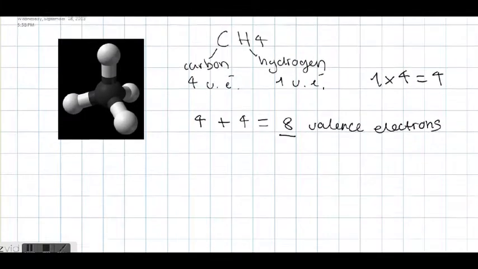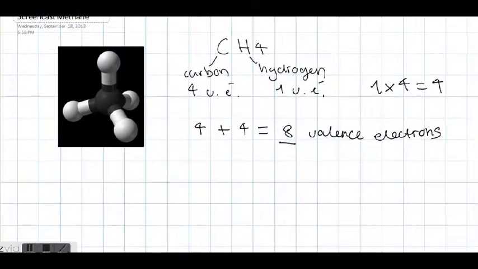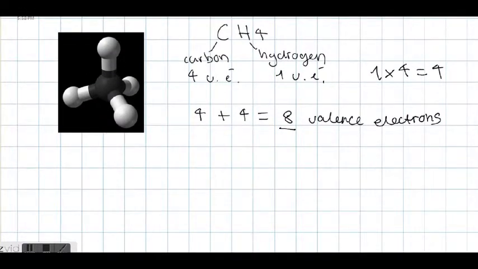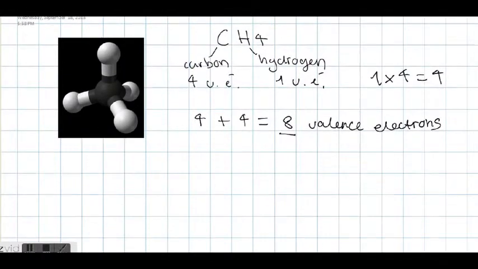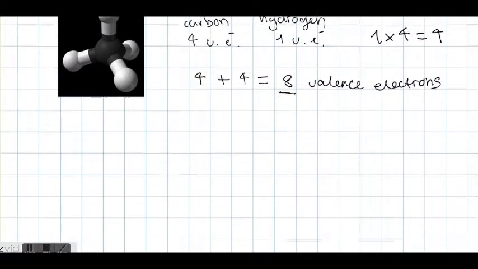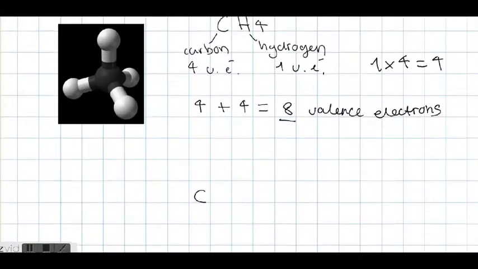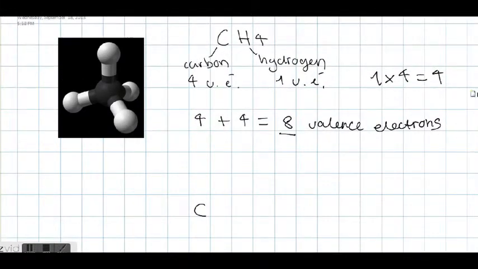The next step would be to see which element would be in the middle of our diagram. Now usually it would be the atom which is written first. In this case it would be carbon right here. So we put a C right in the middle, go up, and hydrogen is next, and there are 4.